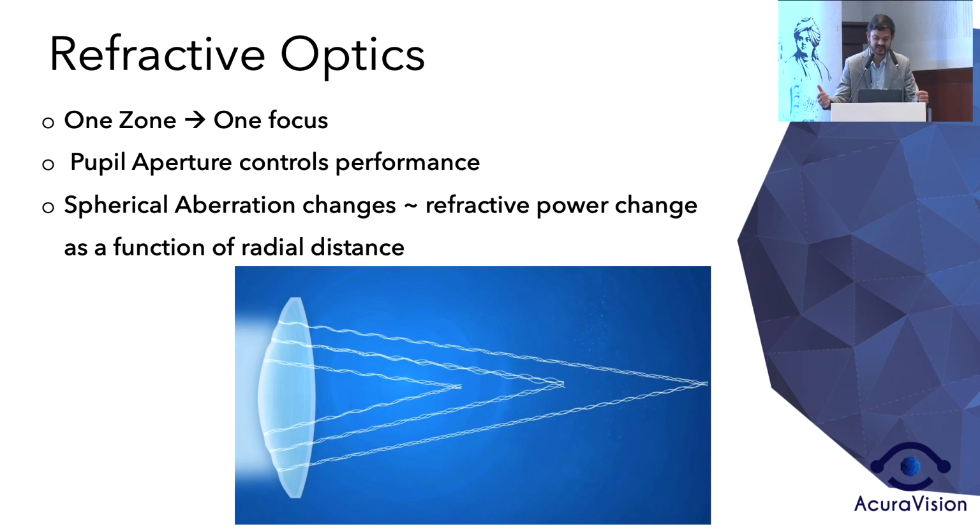Spherical aberration changes are basically changes in refractive power of the lens that are tightly in conjunction with the change in radius of curvature. So it is a mathematical correlation between the radius of curvature and the radial distance from the center.